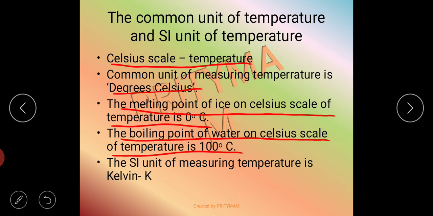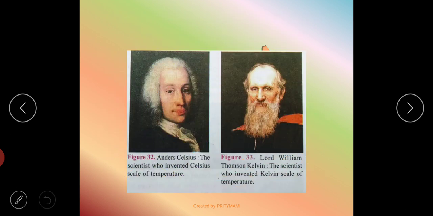The SI unit of measuring temperature is Kelvin, which is written as capital K. The word degree or its sign degree Celsius is not written with the Kelvin. So you are going to remember this. An advantage of the Kelvin scale of temperature is that all the temperatures on this scale are positive. The melting point of ice on the Kelvin scale is 273 Kelvin.